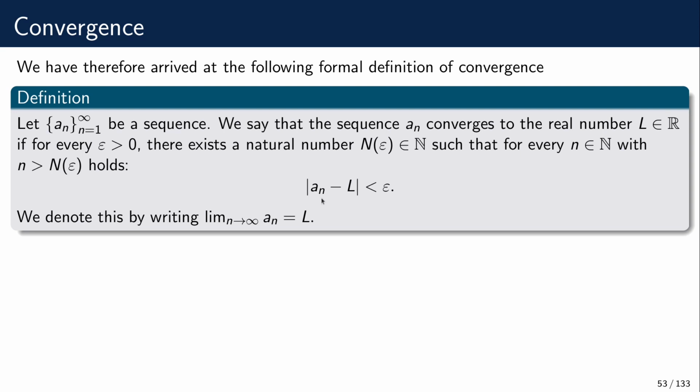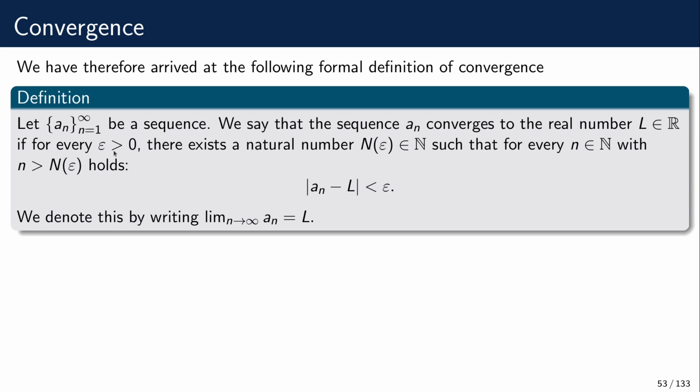So we have the sequence an, and we say that this sequence an converges to the real number L, or L is the limit of the sequence, if for every epsilon, right, epsilon is this accuracy threshold, we can find this natural number n of epsilon that depends upon epsilon, such that, well, remember that we say that the distance between the elements of the sequence and the limit can be made as small as we please, provided that we go far enough. And how far we need to go to attain this threshold depends on epsilon.